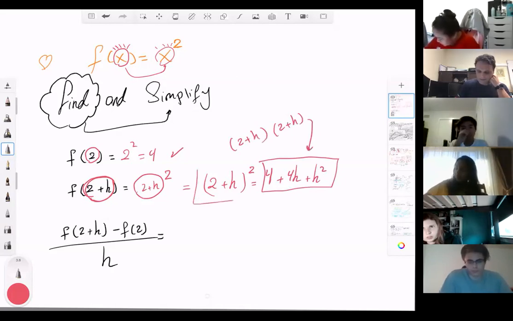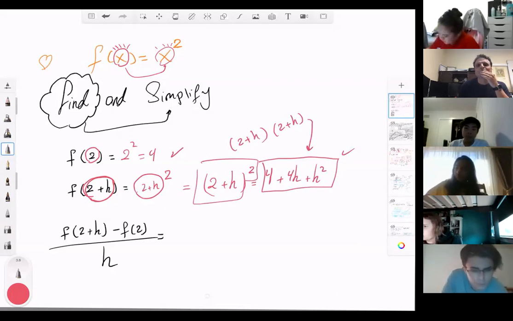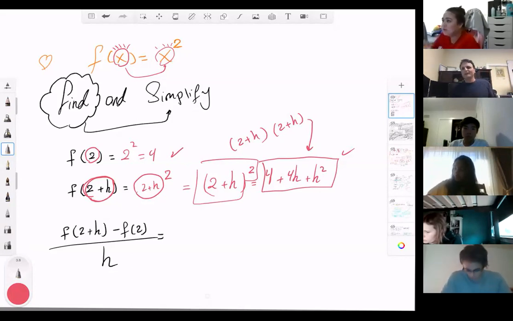So this is correct. Also, this is correct. In your homework or exam, you have to pay attention to the type of question, what they're asking you. If they say simplified form, I think this should be it. But factored form, this should be it.